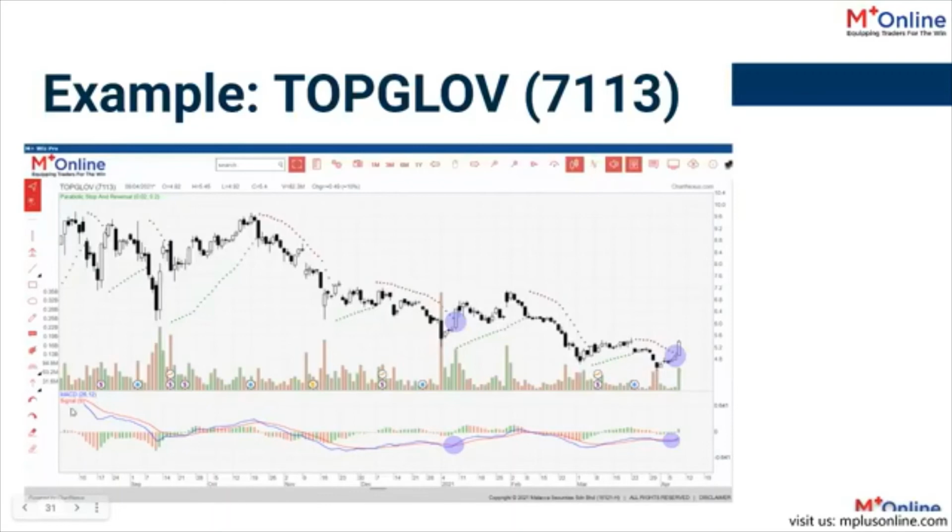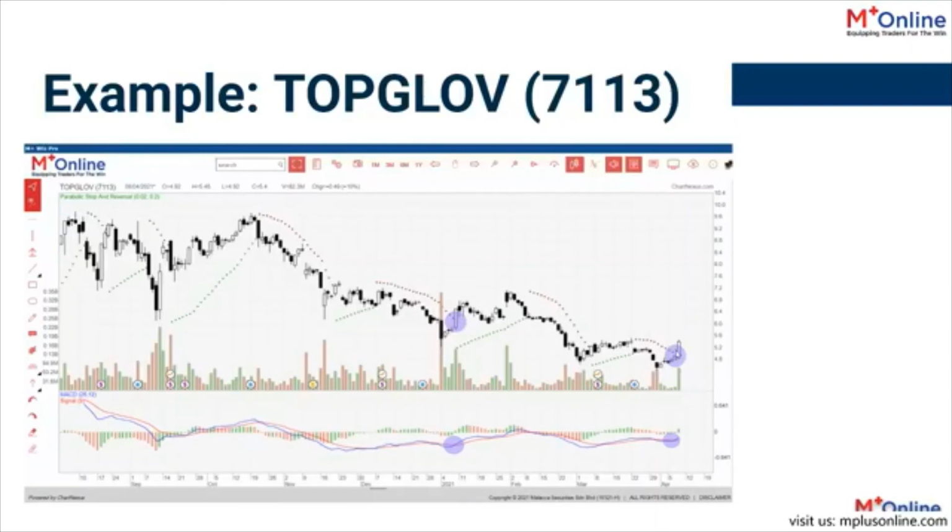We just include the MACD right here, and then we look for whenever the price moves above the dots, then we see whether at the bottom there is any MACD cross or not. If yes, then we want to buy, for a potential short-term momentum entry.